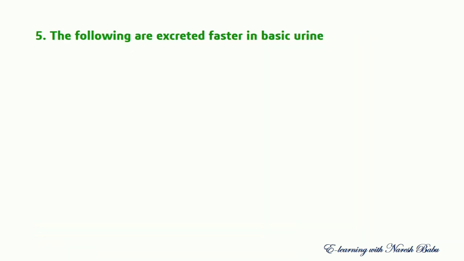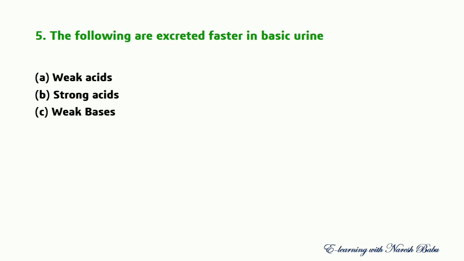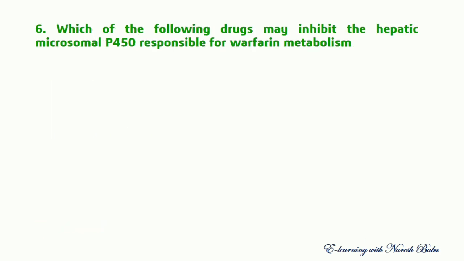So E is the answer. And next question, the following are excreted faster in basic urine. Either weak acids, strong acids, weak bases or none of the above. So among these, faster excretion in basic urine means weak acids. So the answer is A.